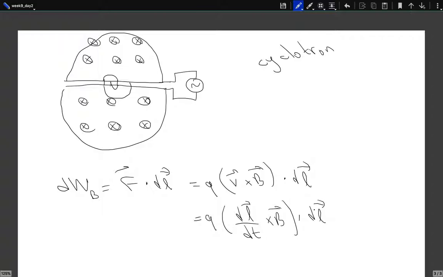But here we have the vector dl cross B. It is always perpendicular to dl. It is always perpendicular to B. So this is nothing but 0. So if you have two vectors, if they are perpendicular to each other, their scalar product is always 0, because the scalar product depends on cosine of the angle between the two. So what this tells us is that magnetic field cannot do any work on an object.